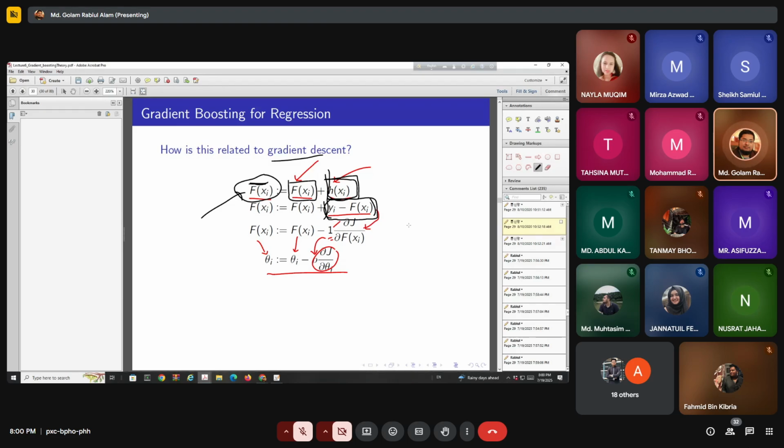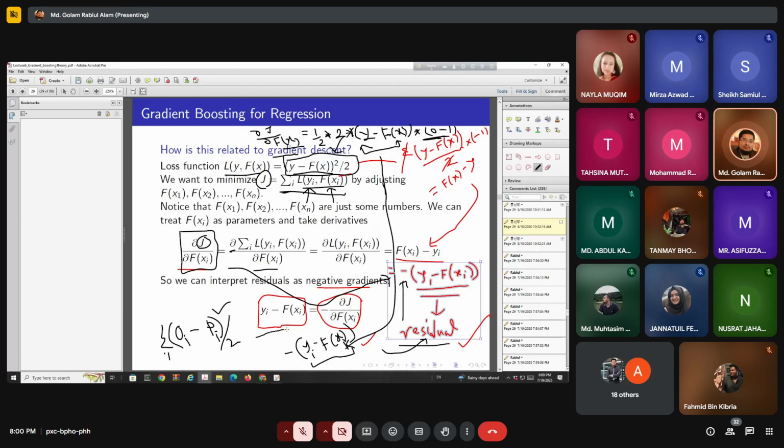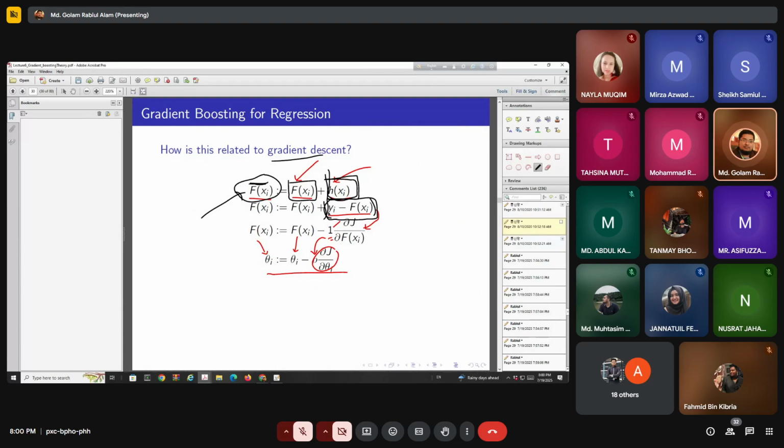Now yi minus f(xi) is actually the negative of the gradient. So for this we can write the negative of the gradient.